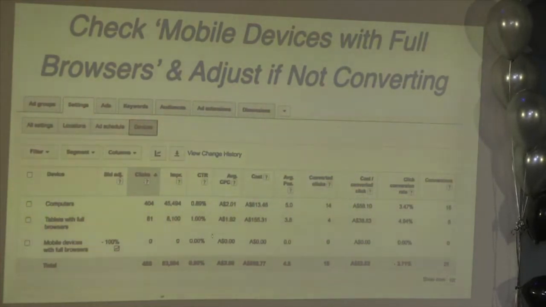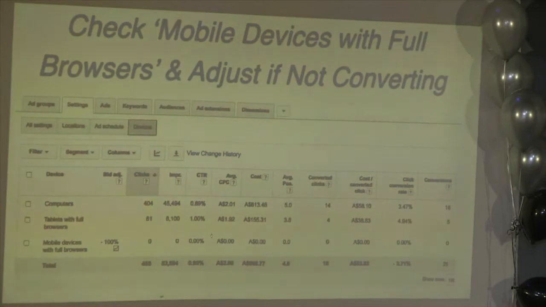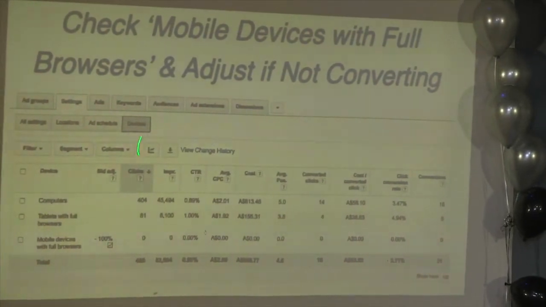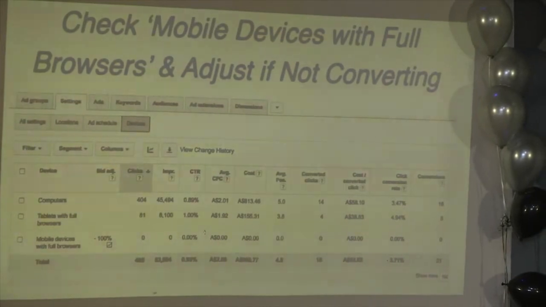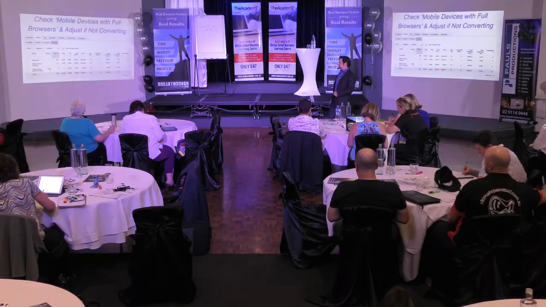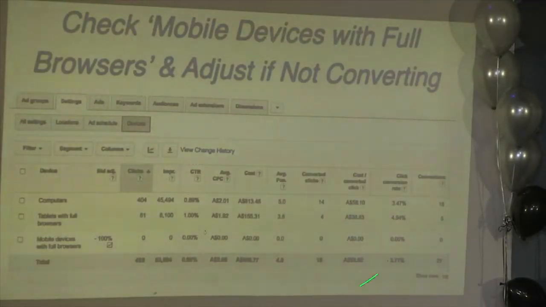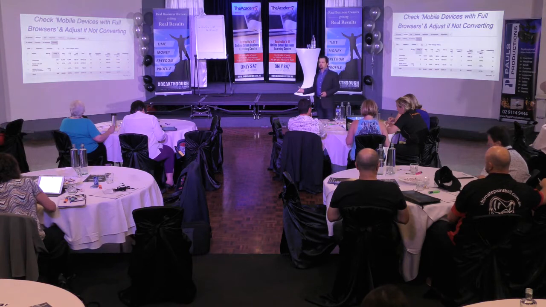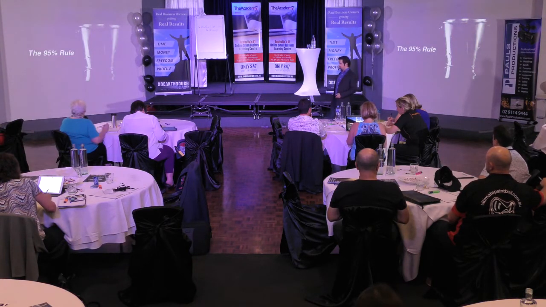That's one way of doing it. All this info is within Google AdWords, and you can see what the cost per lead was for computers, tablets, or mobile devices, or cost per sale, and then prune whichever ones don't make sense.